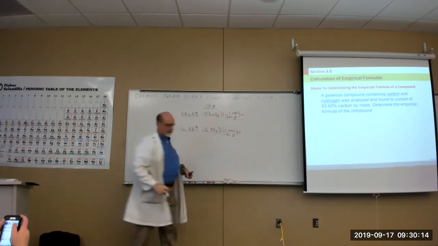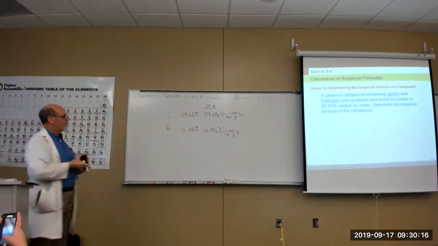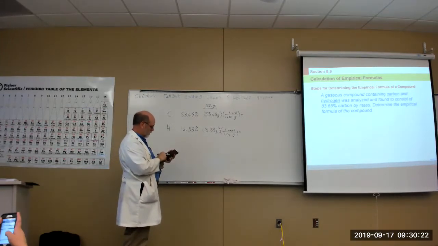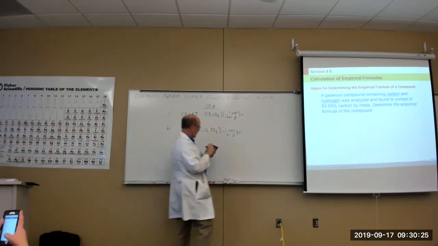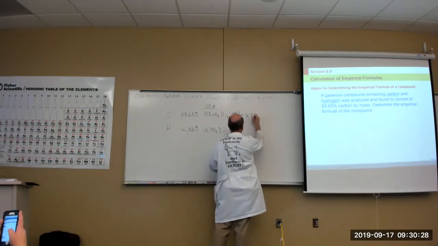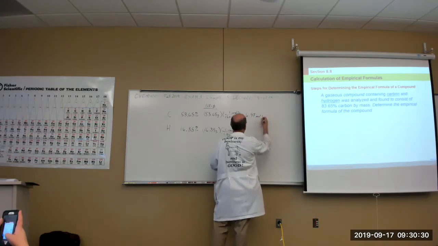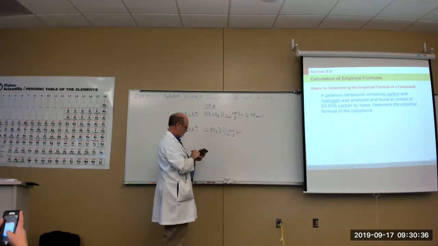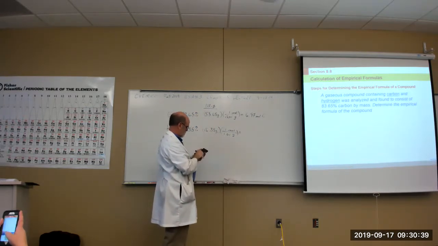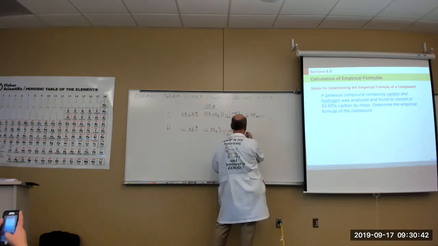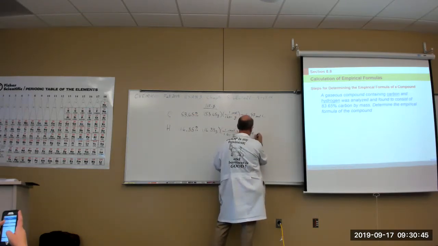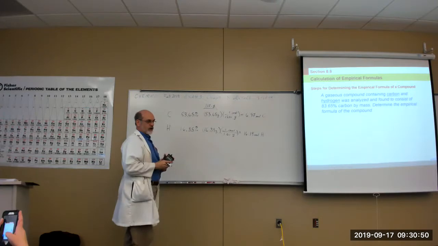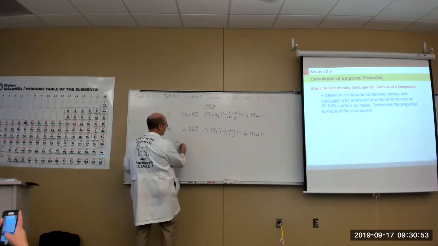So let's see what that gives us. 83.65 divided by 12.01, I get 6.97 moles of carbon from this amount of carbon. And then 16.35 divided by 1.008 is 16.19 moles of hydrogen. Okay. Now we have the ratio, but can we write the compound this way?